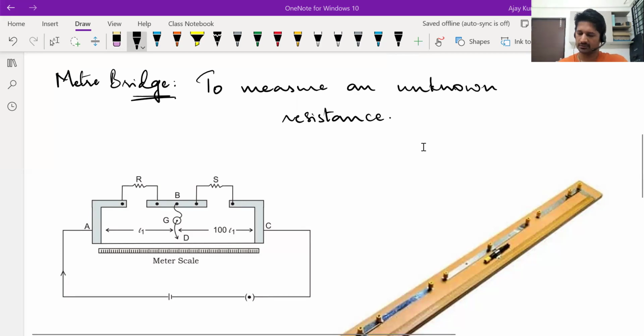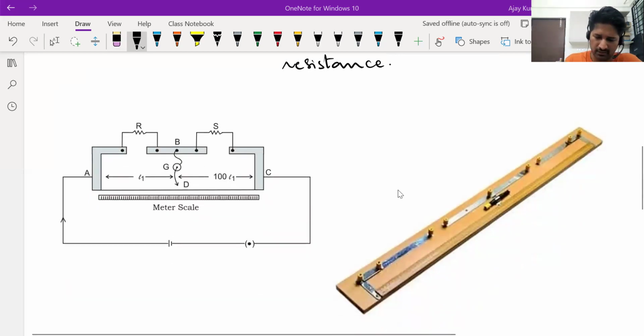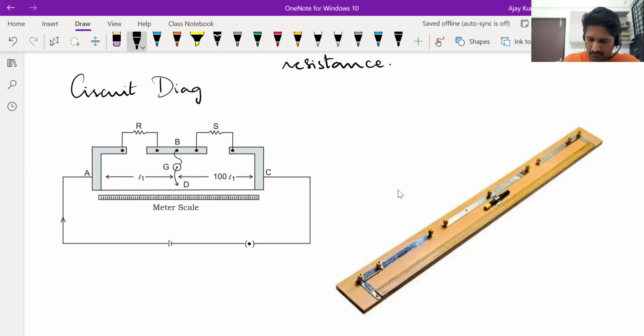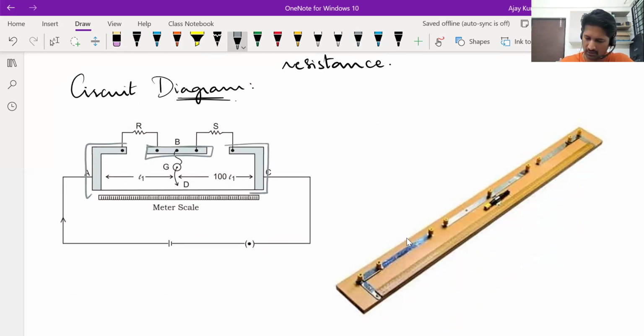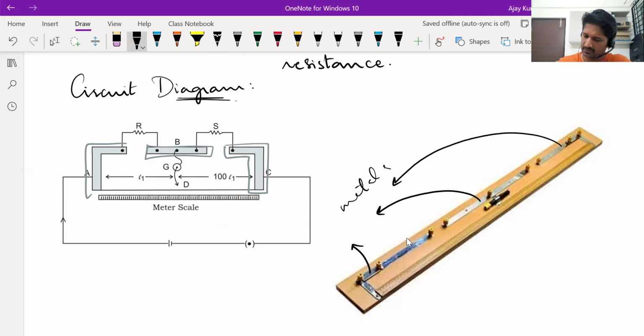Okay. So this is the basic circuit diagram for a meter bridge. Understand the components. Now these gray strips that are shown here, these are all metal strips. You can see in the actual photograph on the right side. This one, and this one. These three are all the metal strips.